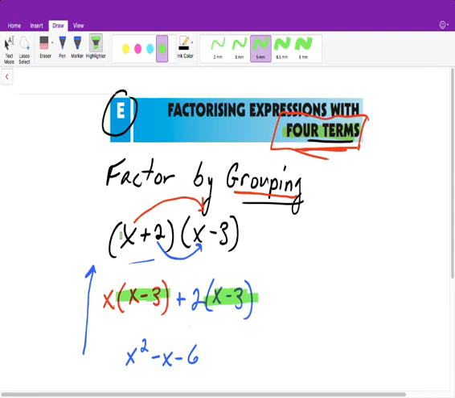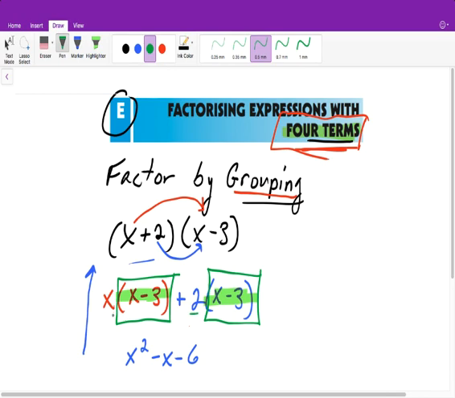Our goal is to create this, where the same binomial is being multiplied by two different terms. Once we identify that, we can finish our factoring: we take the same binomial and rewrite it only once, and then the two terms that were being multiplied to it get written in their own binomial. Those are our steps for factor by grouping.